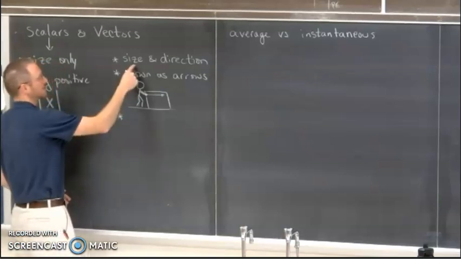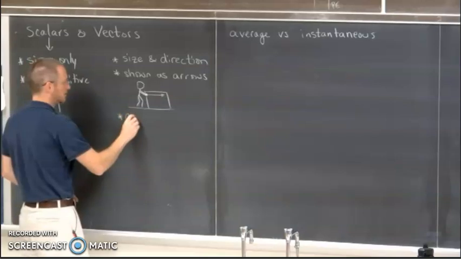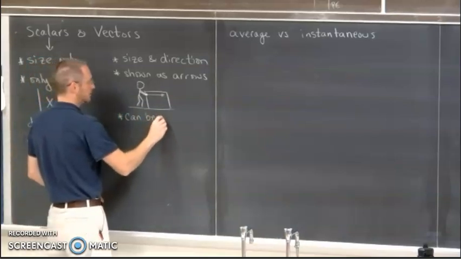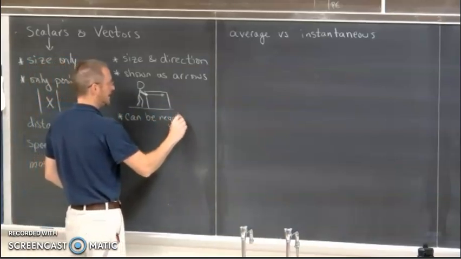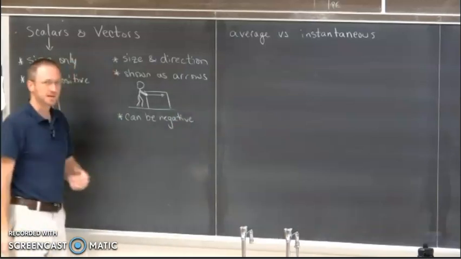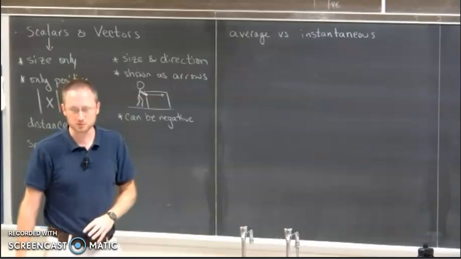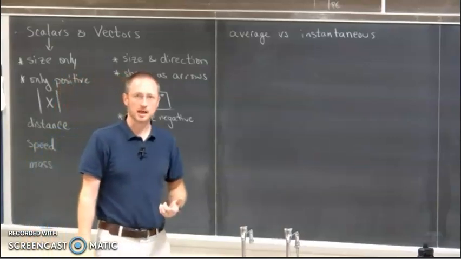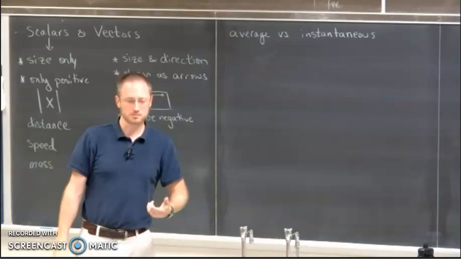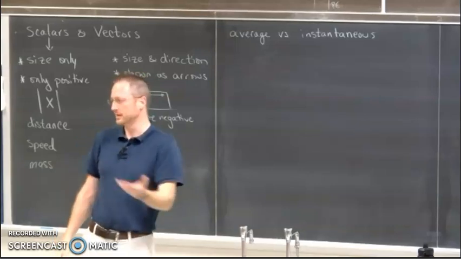Because they have a size and a direction, they can be negative. And the negative, all negatives do in physics and actually in math as well, is indicate direction. They indicate that this quantity is going to point in the opposite direction.